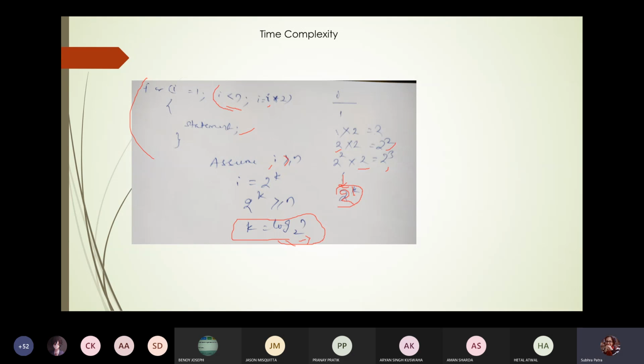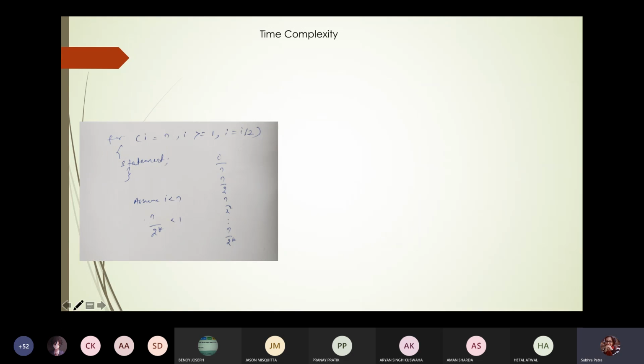Okay. So similarly, if you take I equal to n, it is starting from n, then I greater than or equal to 1, it is checking. Then what we are doing is we are dividing it by 2. So for this case also, what we will see is at start I was n, then it is getting divided to n by 2.